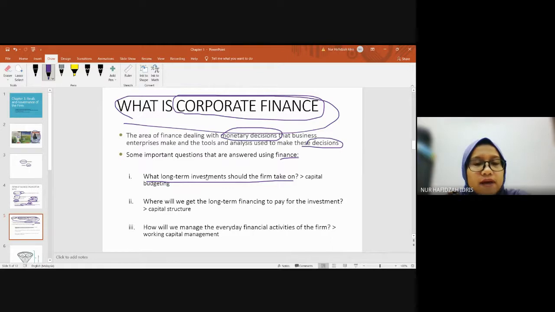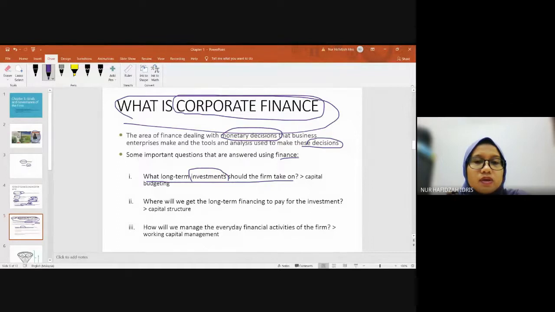So in finance, when we talk about investment, it is not only buying shares. Okay, bukannya kita beli saham sesebuah syarikat sahaja that we call it as investment. But buying an asset, okay, buying an asset is also considered as investment.